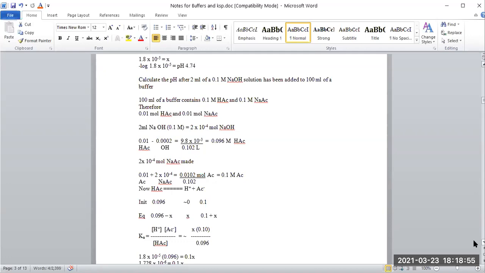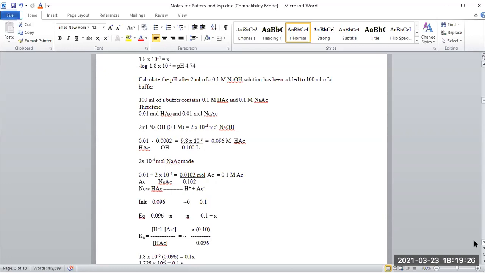First thing I'm going to do is figure out how many moles of base I'm adding. So volume, 2 mils is 0.002 liters times 0.1 gives me 2 times 10 to the negative 4th moles. I have a 0.1 molar of acetic acid, and I have 100 mils of it.